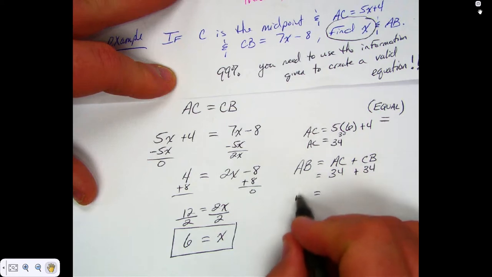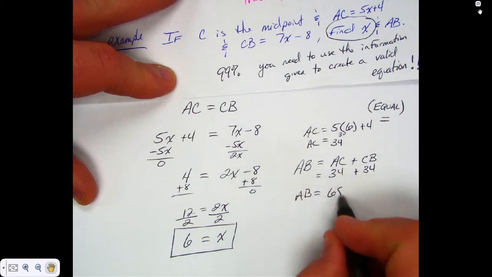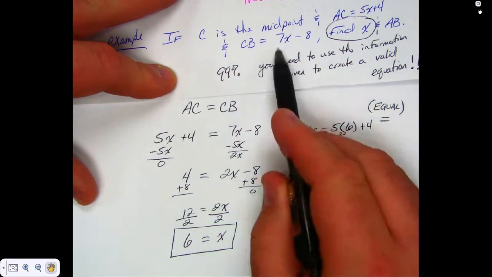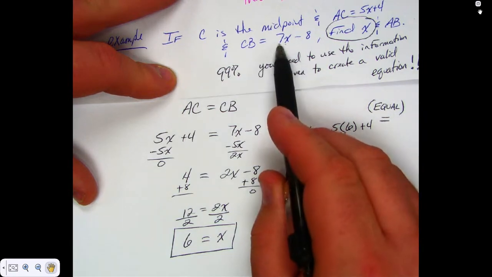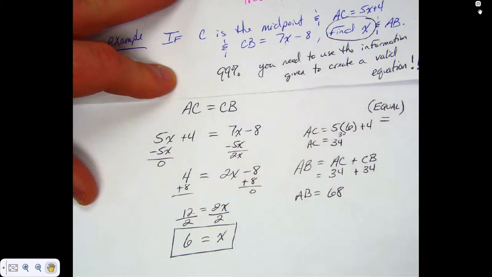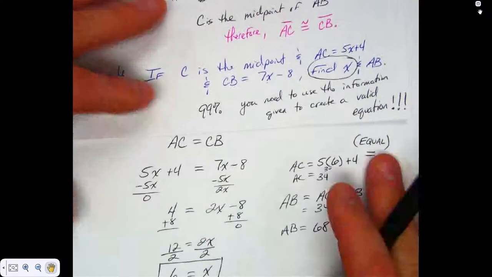So what is the distance from A to B? Now why is CB the same as AC? Because they're congruent. Now, I can check myself, put 6 in there. 6 times 7 is what? 42 minus 8, 34. So that's right, isn't it?